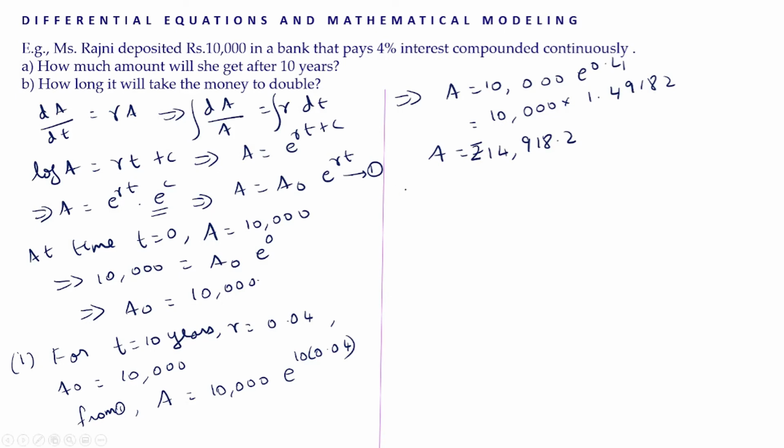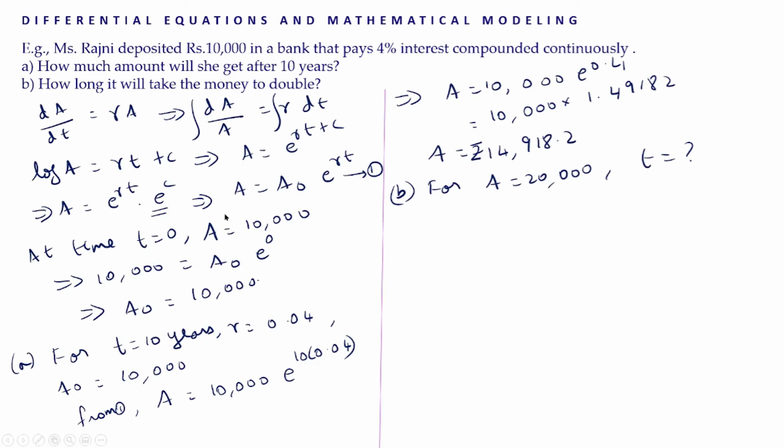Now moving on to the second subdivision. How long will it take for the money to double? Initially she deposited 10,000 rupees. So if the money doubles, then we have A equal to 20,000. For A equal to 20,000, we need to find t.